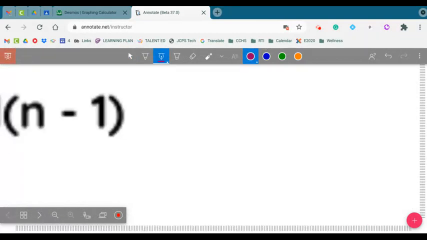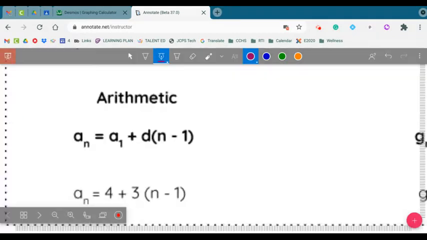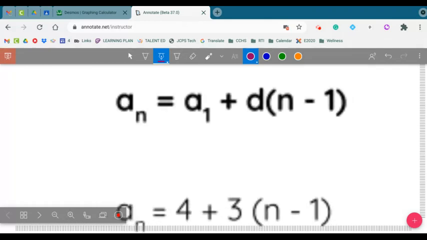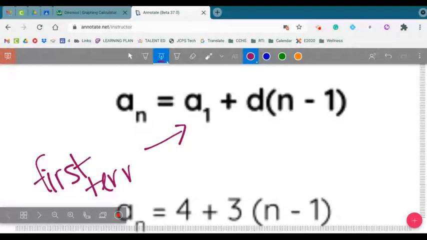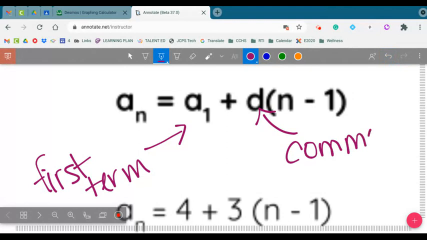If we go through our arithmetic rule, we have a sub n equals a sub 1. So this is our first term. And then plus our d, and this is going to be our common difference.